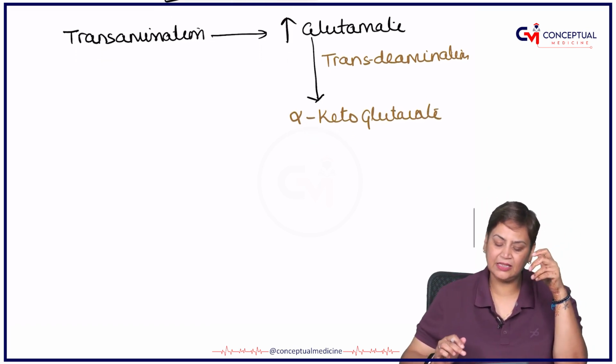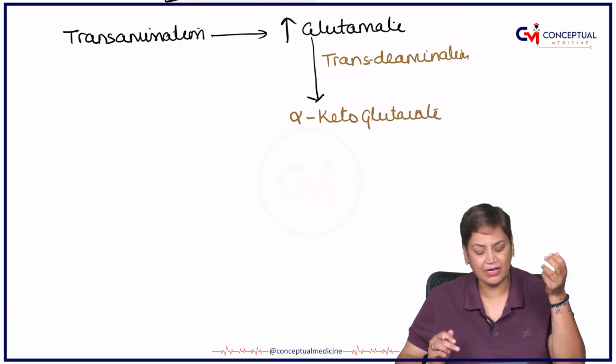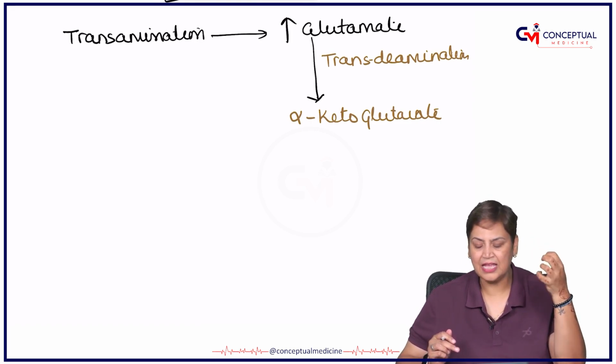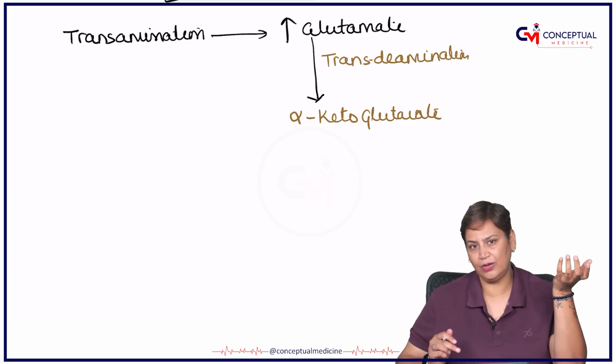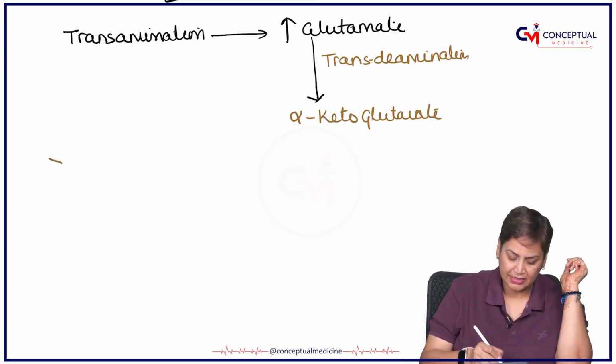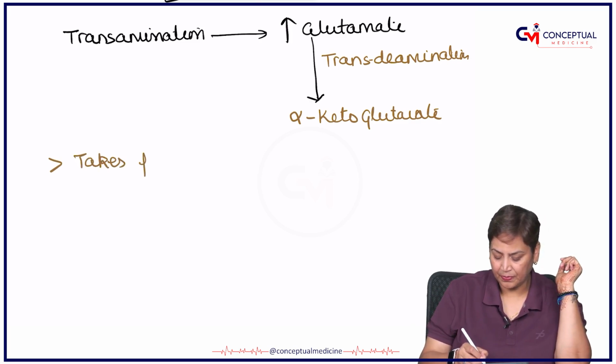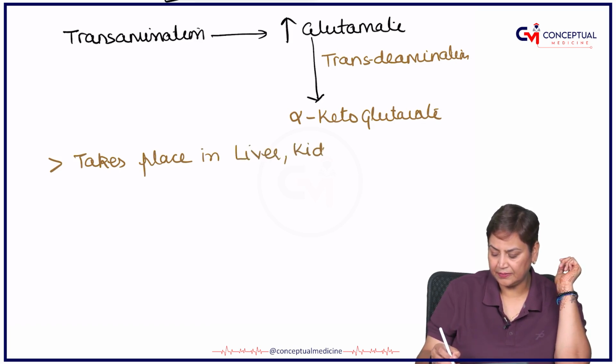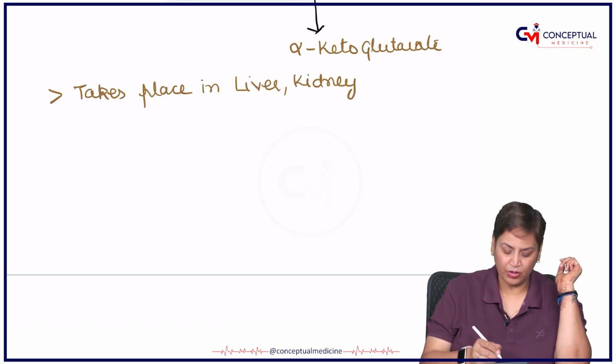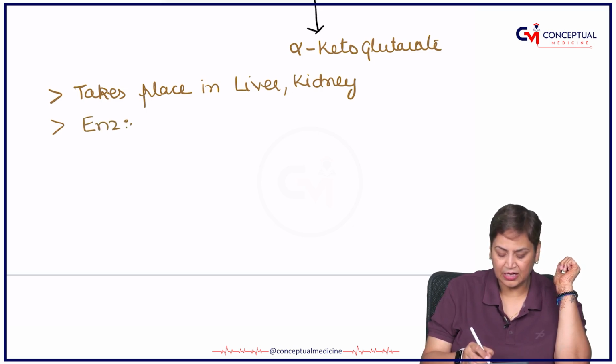Now the question is, what is the enzyme required for that, where this reaction occurs and how this reaction is regulated. This reaction takes place in the liver and the kidneys. Second important point is that the enzyme here is glutamate dehydrogenase.